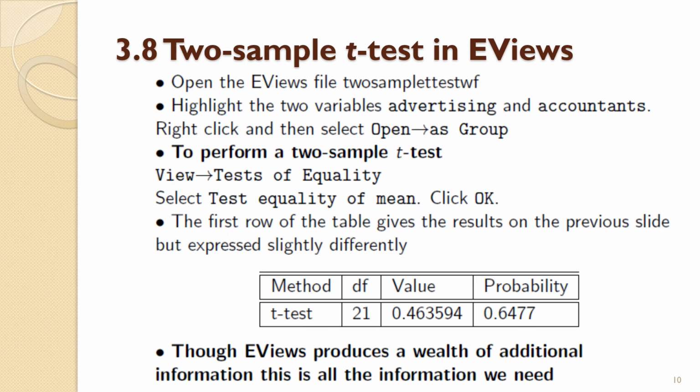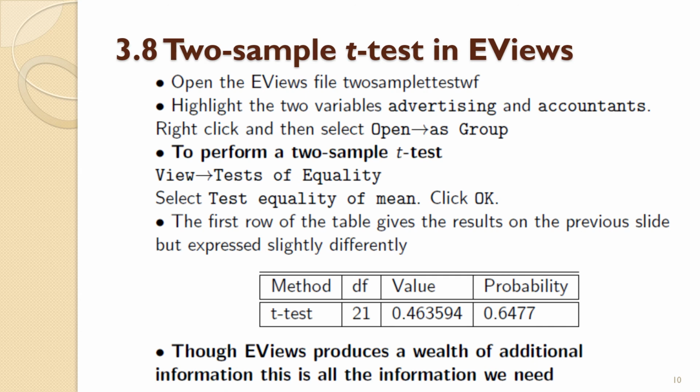To do this in eViews, what you need is this 2-sample t-test workfile that is available from the module Canvas page, and then you need this in spreadsheet mode again. The way to do this is to highlight the two variables, advertisers and accountants, and right-click to do a 2-sample t-test.